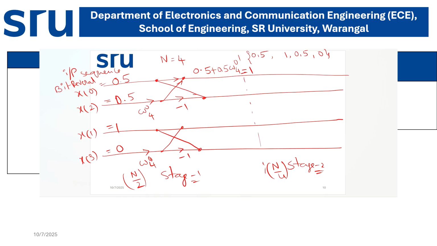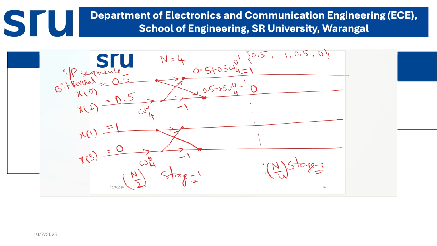And for the second line, again I have this node. The first input is 0.5, the second input is 0.5 multiplied by the twiddle factor multiplied by -1. So remember, the first line is addition, the second line is subtraction. So 0.5 minus 0.5 is 0.